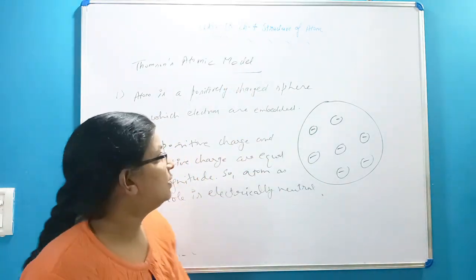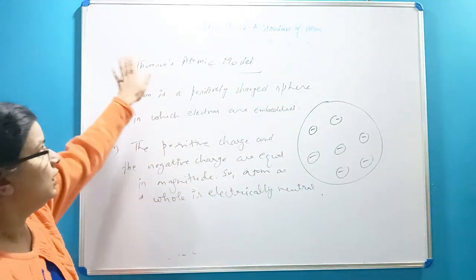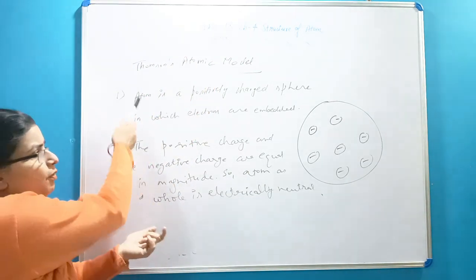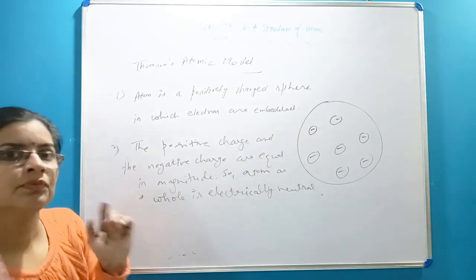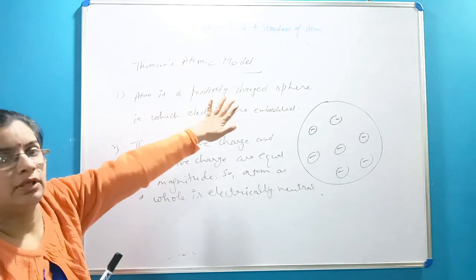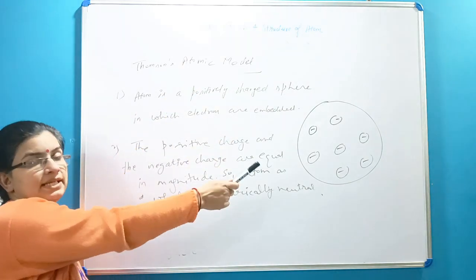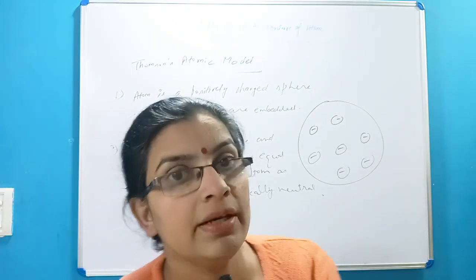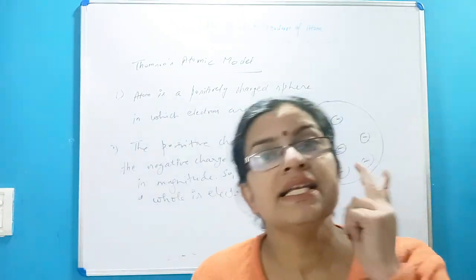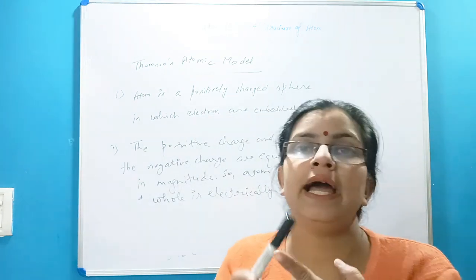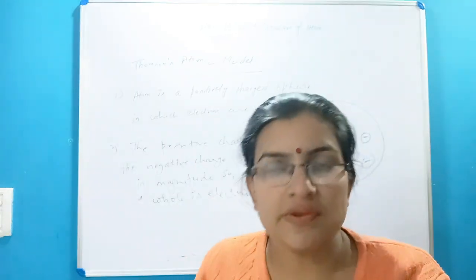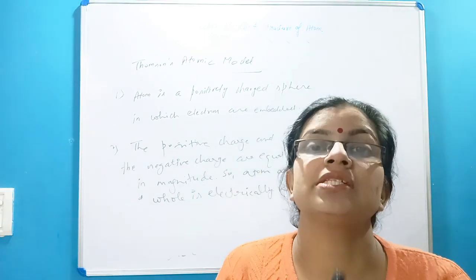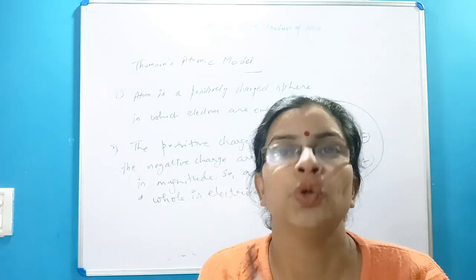So these were the points proposed by Thomson for the atomic model: the atom is a positively charged sphere in which electrons are embedded, and the positive and negative charges are equal in magnitude, so the atom as a whole is electrically neutral.